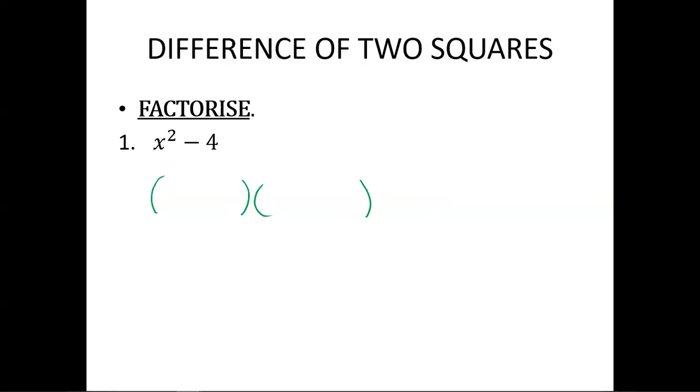Find the square root of x squared. What is the square root of x squared? It is x. Those will become the first terms in each bracket. And your last term is 4, so you will just find the square root of 4, and the square root of 4 will give you 2, and those will be the last terms in each bracket. And then obviously, if I start with plus, the next bracket must be minus. That's how you factorize using the difference of two squares.